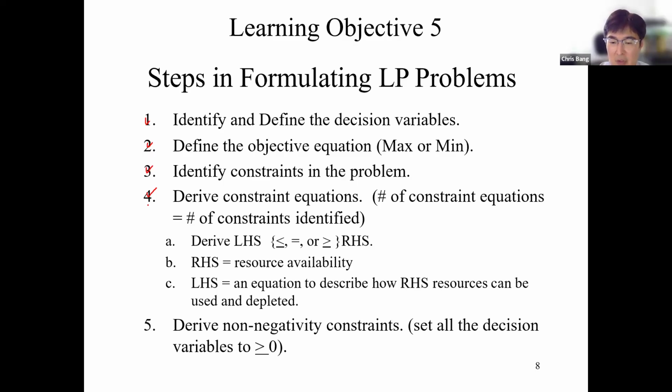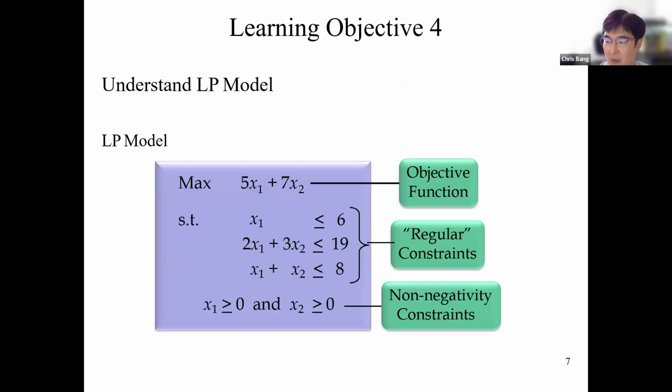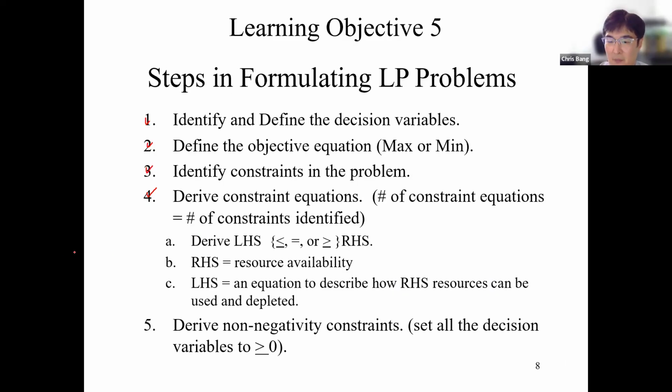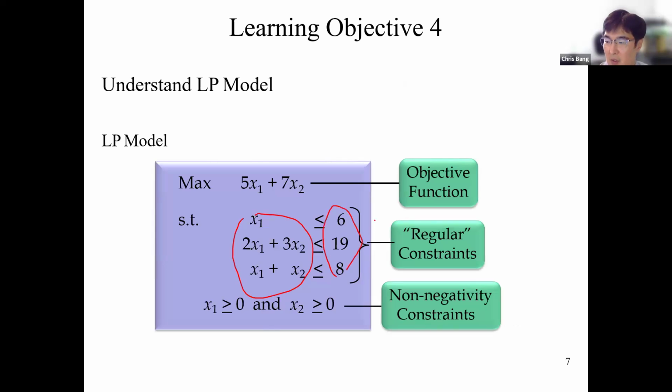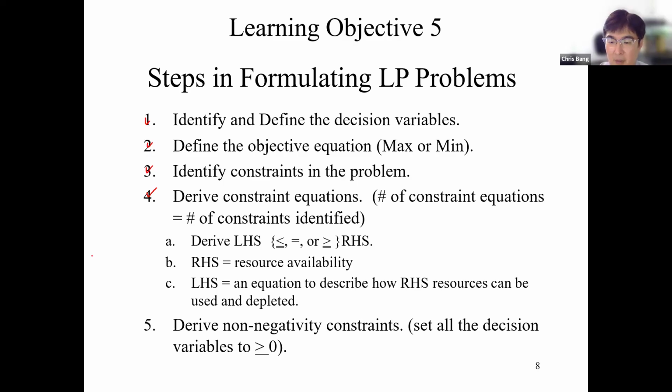The left-hand side usually shows resource usage, while the right-hand side shows resource availability. Here's an example: this left side shows resource usage, and this right side shows availability. Finally, add non-negativity constraints to make sure all decision variables are zero or greater.